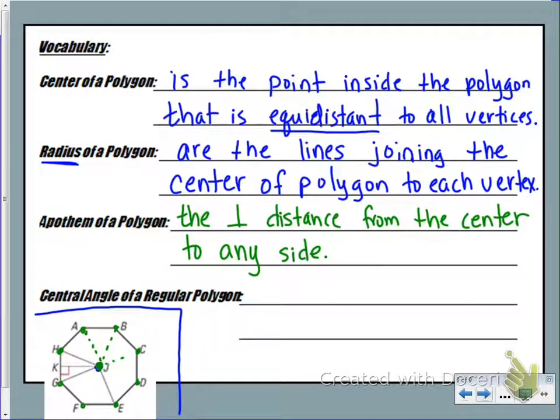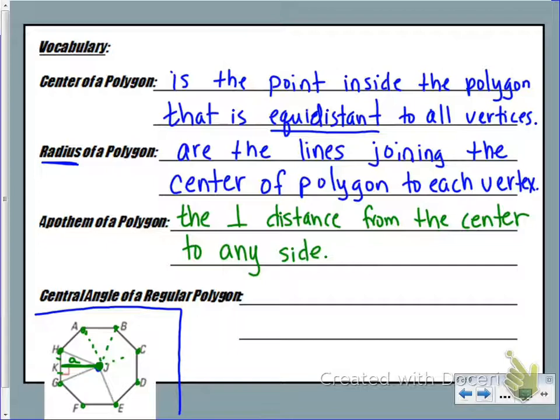So here's our center. The apothem is this length here. In this case, it's KJ. So it makes the perpendicular distance. It's also going to bisect that side length. So that's an interesting relationship there as well. So it's going to be a perpendicular bisector.